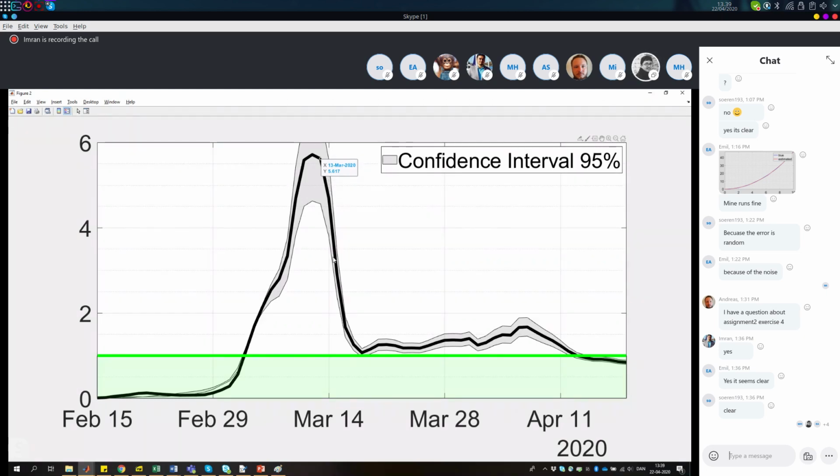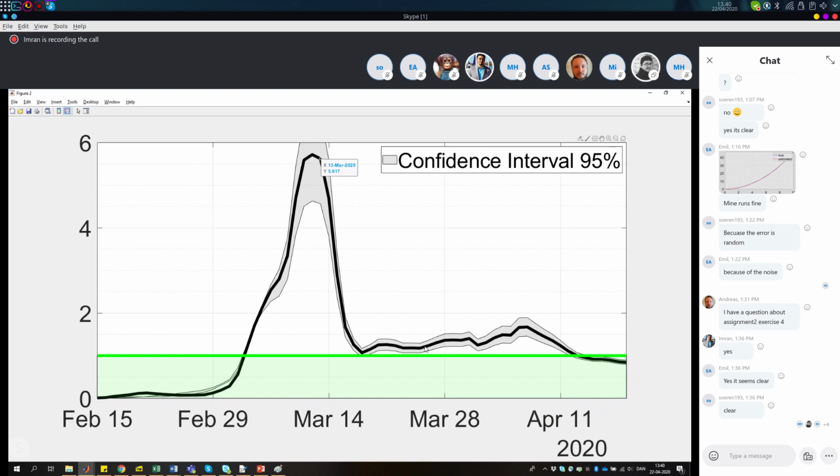So like this, and this green line is where, if it is above the green line, it will spread quite quickly in society. But what we need to do is keep the reproduction number below 1, because then we are sure that the virus is under control and it will die out or disappear.